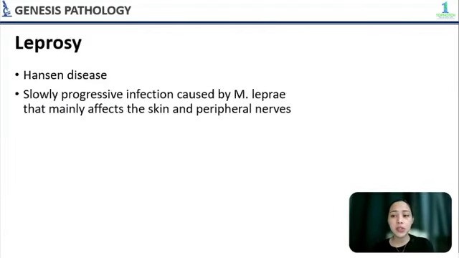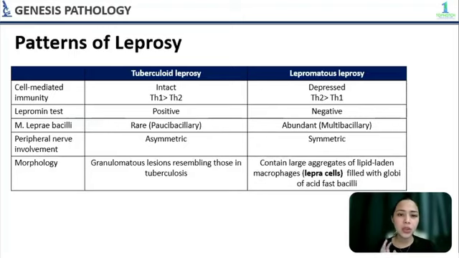And next, we have leprosy, also known as Hansen disease, which is a slowly progressive infection caused by Mycobacterium leprae. So there are two patterns of leprosy, the tuberculoid and lepromatous leprosy. In tuberculoid leprosy, intact yung cell-mediated immunity. Remember, cell-mediated immunity, sila yung sa delayed hypersensitivity.